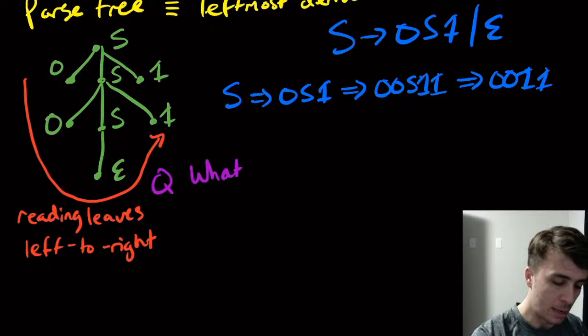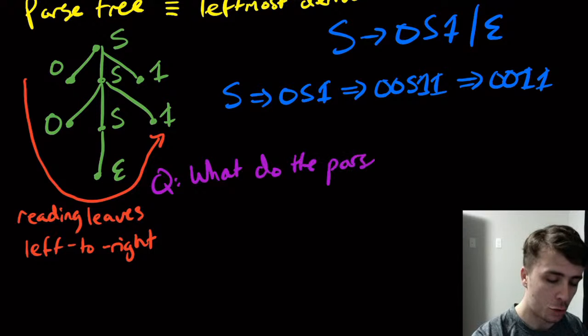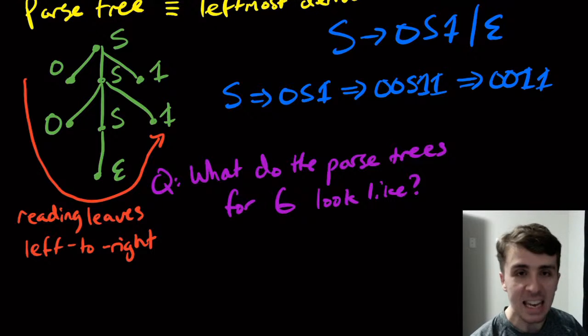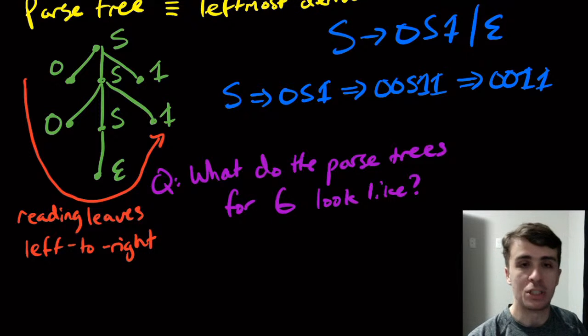So the question we want to answer is, what do the parse trees for G look like? Because remember, in any context-free grammar, the right-hand side could technically be anything, right? But if the grammar is in CNF, now it has a certain structure.